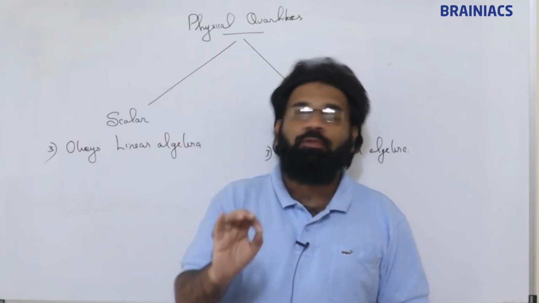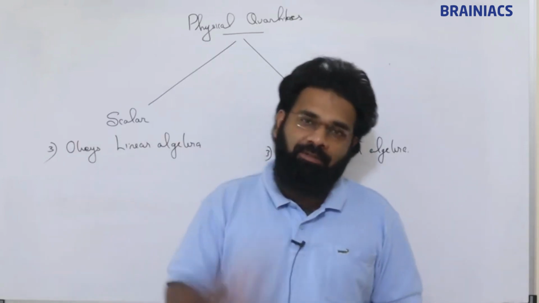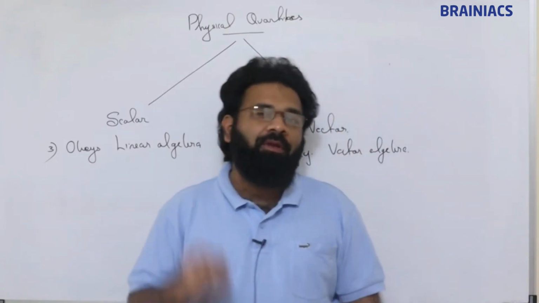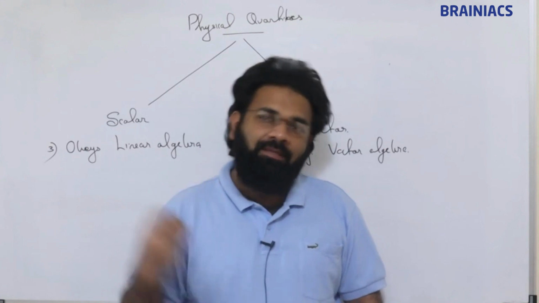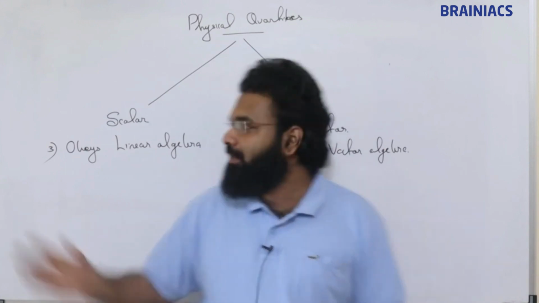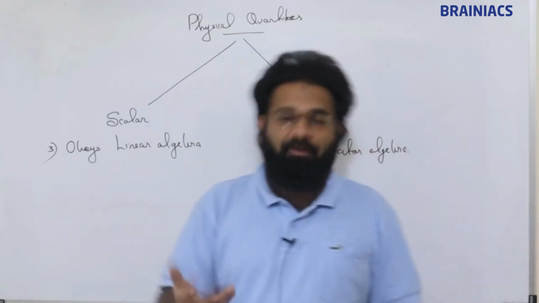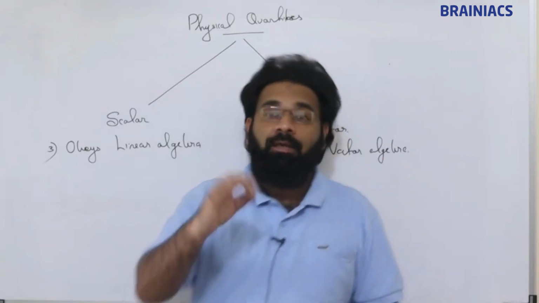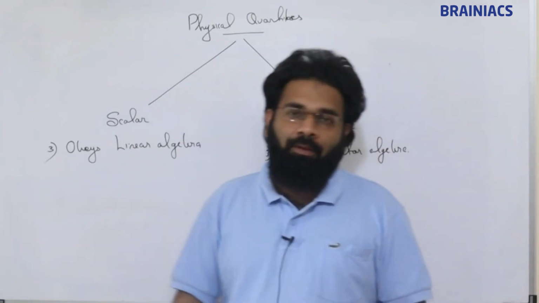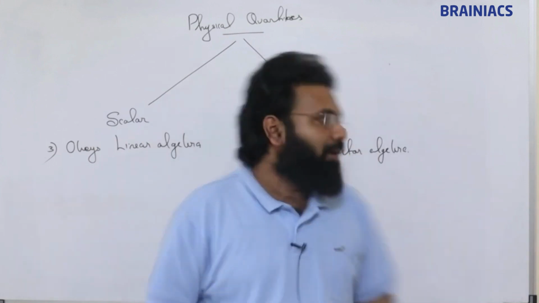Your primary school mathematics. If we need to add 3 degrees Celsius to 5 degrees Celsius, simply it is 8 degrees Celsius. That is what linear algebra is. It is not something new. Whatever we studied in primary school mathematics, that is linear algebra. Simply we can add, simply we can multiply.